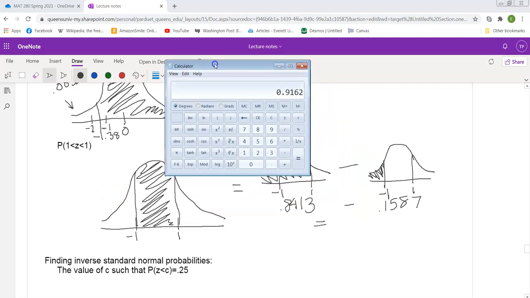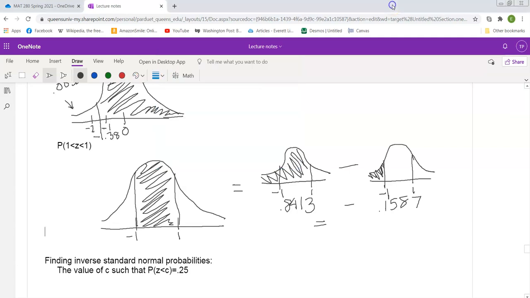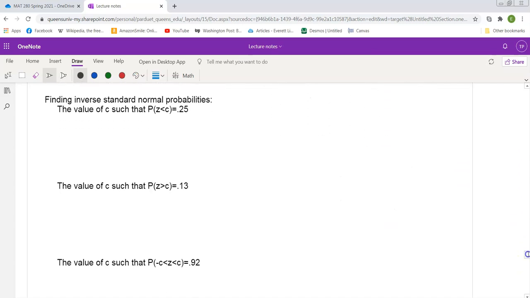So if I do that subtraction, that'll give me the answer that I'm looking for. 0.8413 minus 0.1587, and that's 0.6826. So that's finding standard normal probabilities.